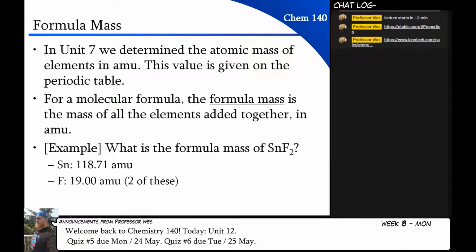So for instance, let's suppose that I wanted to figure out the formula mass of this compound, tin 2 fluoride. So what I do is I go look up what tin is, and that's this. And then I go look up what fluorine is.